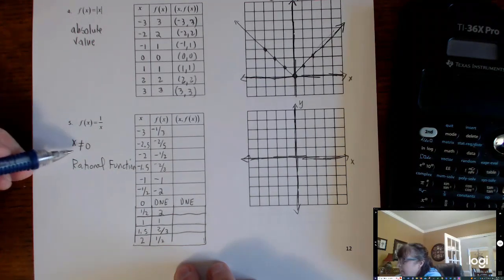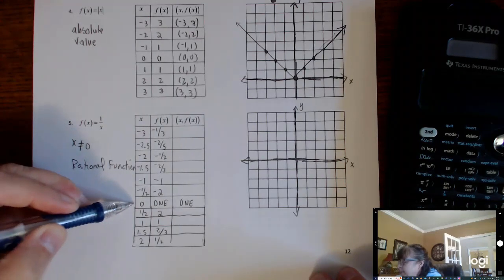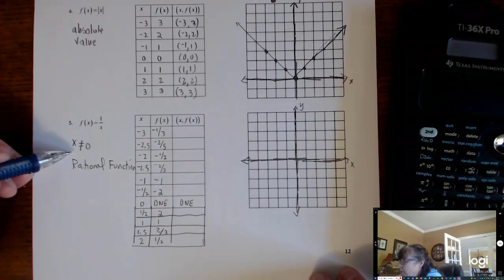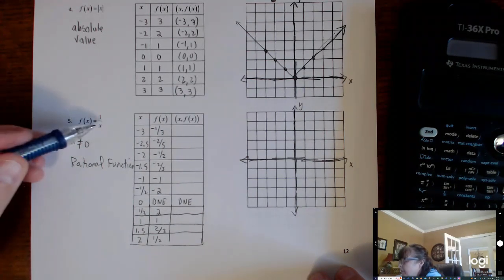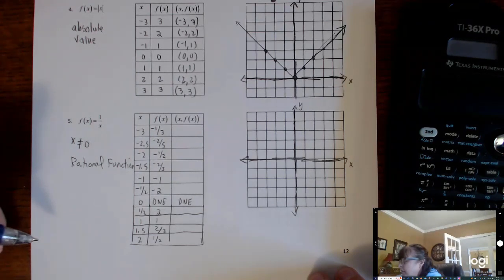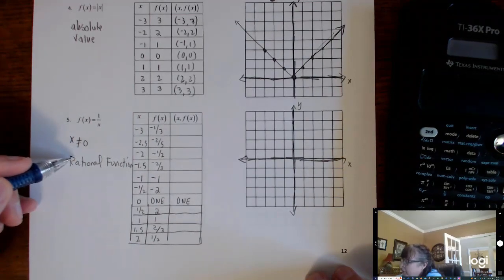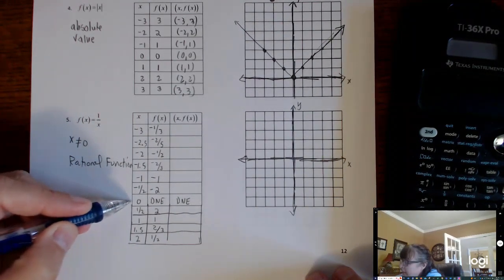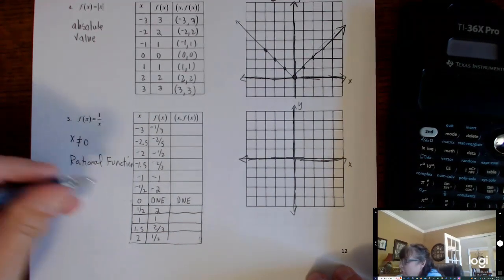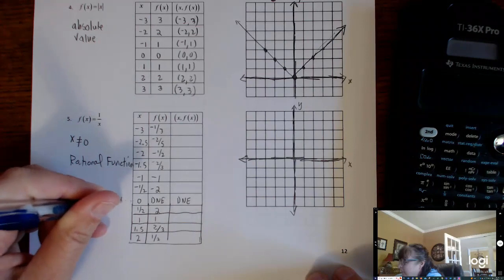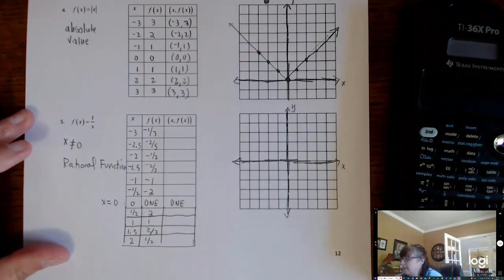But for now, what I want you to know is that if you have a place where x can't equal something, it's going to probably show up as a vertical asymptote. It won't be a vertical asymptote if the factors in the numerator and the denominator cancel, but we haven't learned that yet. So for now, this is just a classic rational function. And so this spot right here is going to show up as a vertical asymptote. It's going to show up as the line x equals 0. Okay, so let me go ahead and graph these and then we'll come back to that.